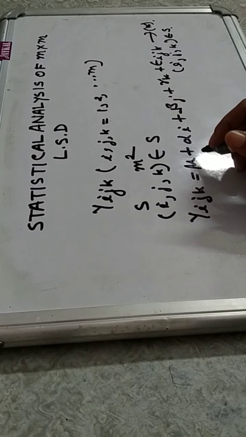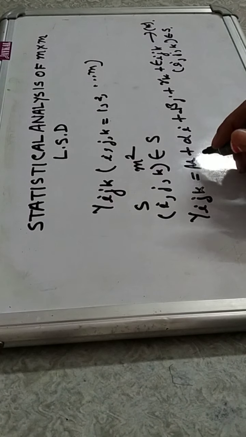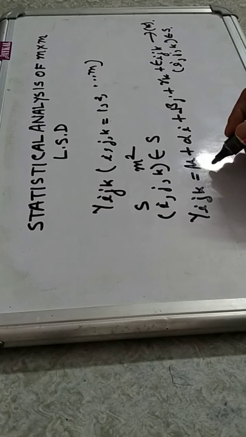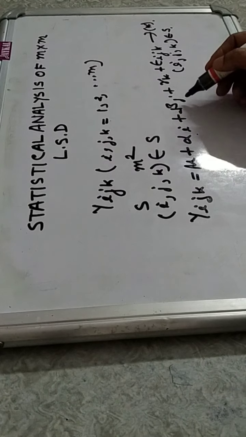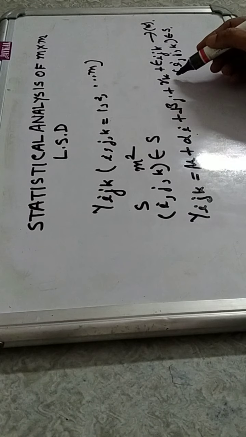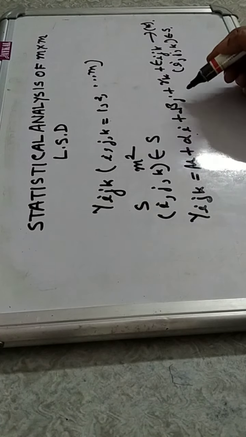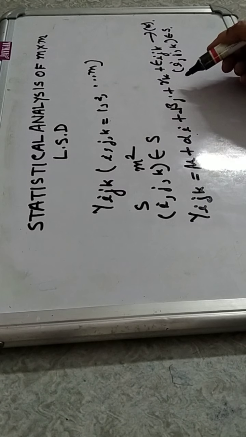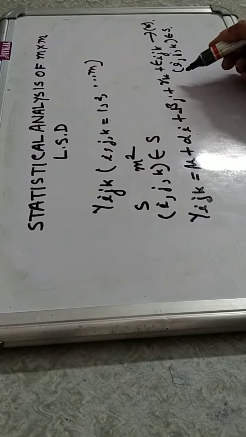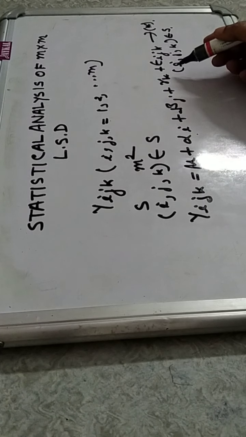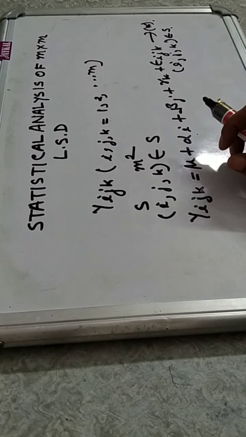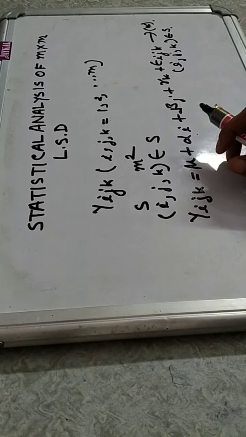This is our additive model of LSD, where mu is the constant mean effect, alpha i, beta j and gamma k are the effects due to the ith row, jth column and kth treatment respectively, and epsilon ijk is error effect due to random component assumed to be normally distributed with mean 0 and variance sigma e square.